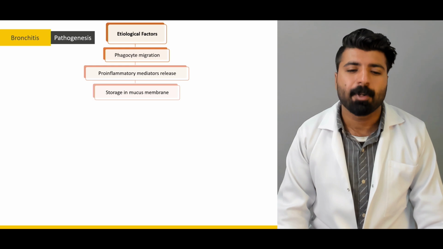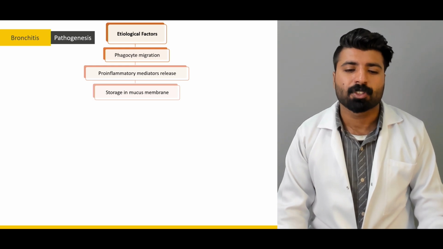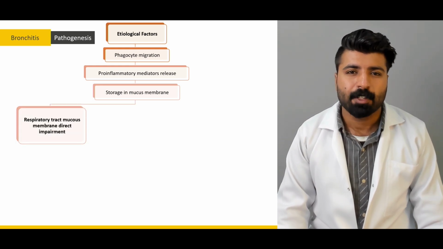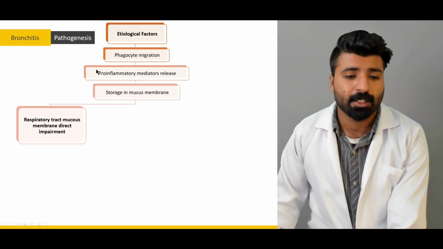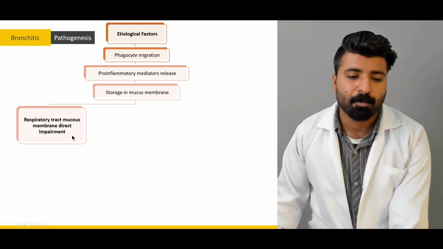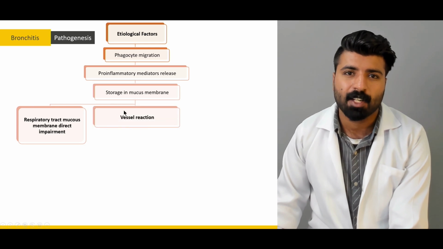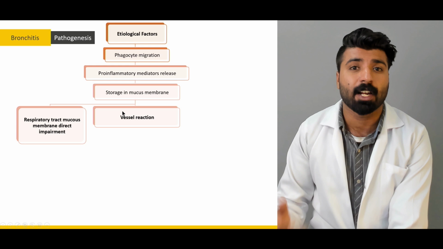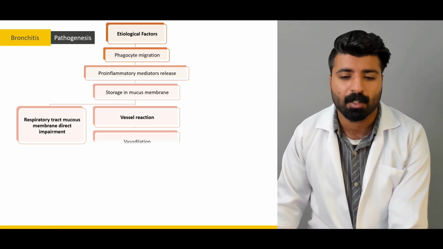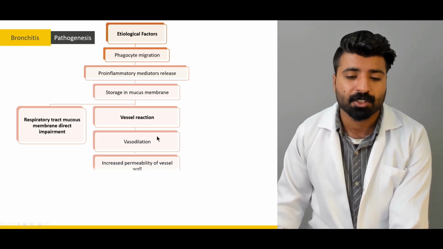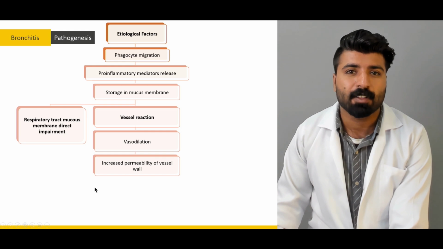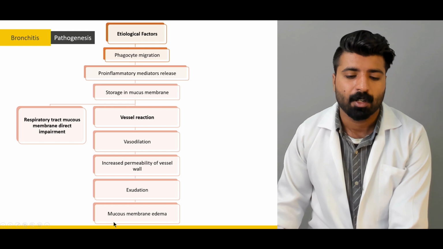Those pro-inflammatory mediators are going to go into the storage in mucous membranes, which will lead to 3 things, actually. First of all, respiratory tract mucous membrane direct impairment will happen. Then vessel reaction will happen, in which the vessel will get inflamed because infection is happening, which will lead to vasodilation and increased permeability of the vessel wall, which will lead to exudation because exudates are being formed, and mucous membrane edema.